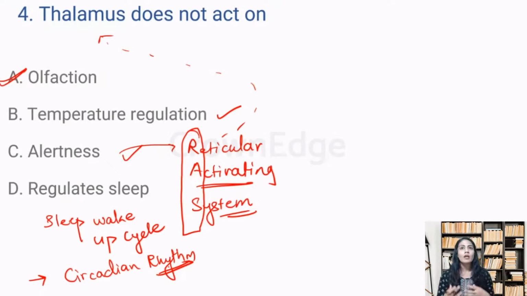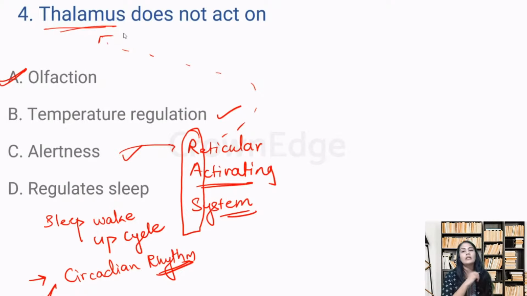The birds know what the time is, whether it is day or night. How? Because their thalamus is also there, helping them in the regulation of sleep. How? With the help of the circadian rhythm, our internal body clock, which is giving signals to the thalamus.